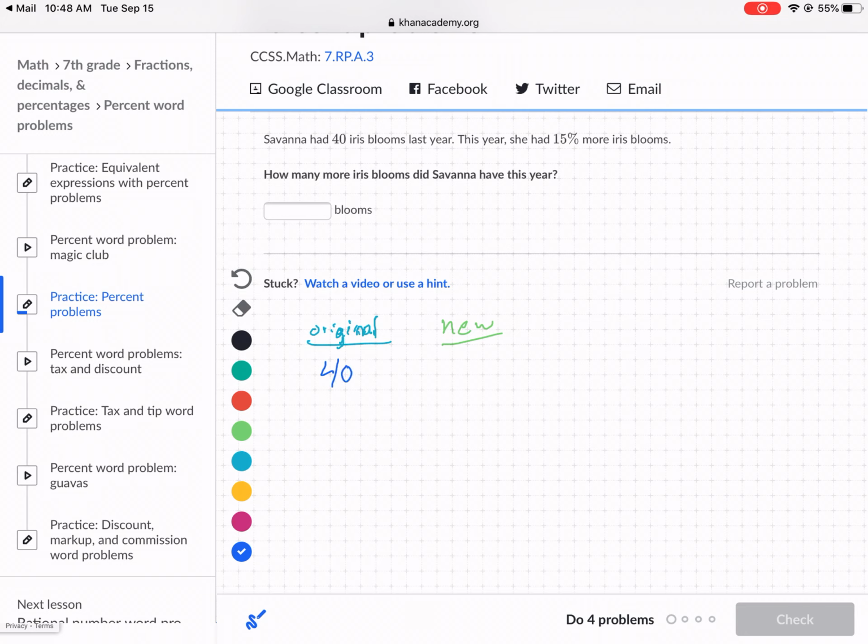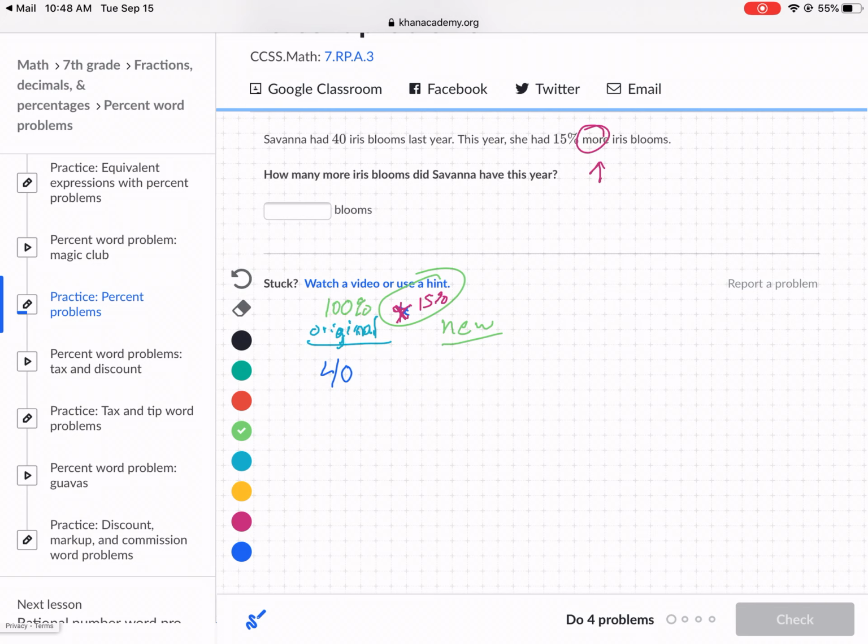Okay, and then we have 15% more. Now, we don't multiply by 15%. If we multiply by 15%, we're going to get a much smaller number, and it's supposed to be an increase. More means an increase in iris blooms. So what do we add 15% to? Well, the original amount is 100% of itself.